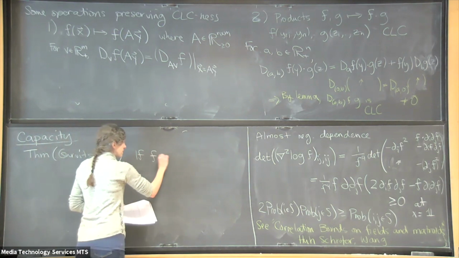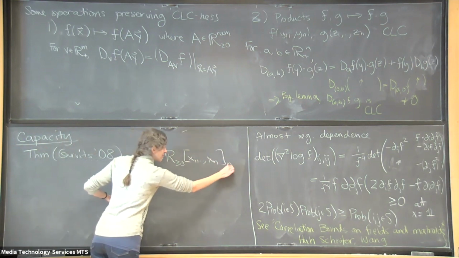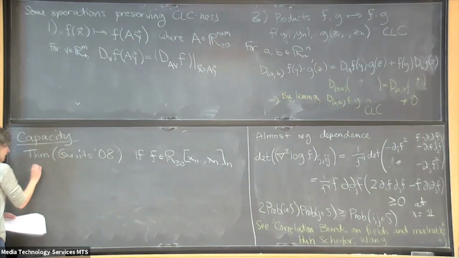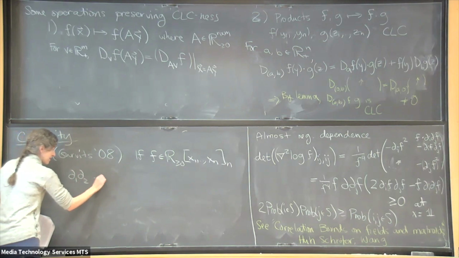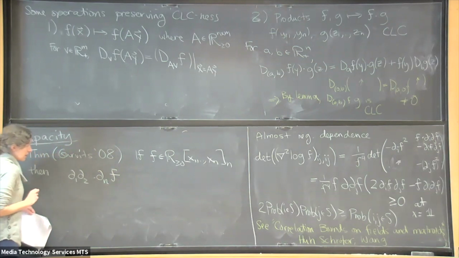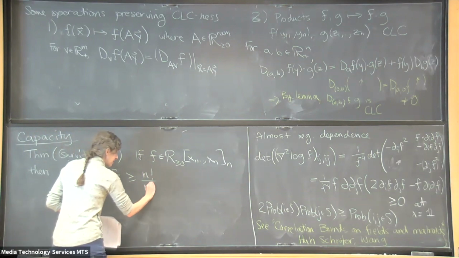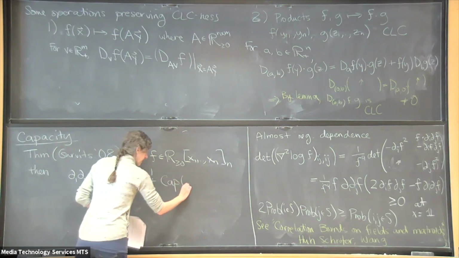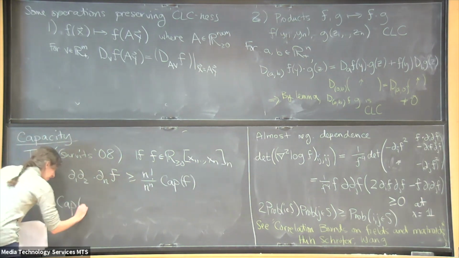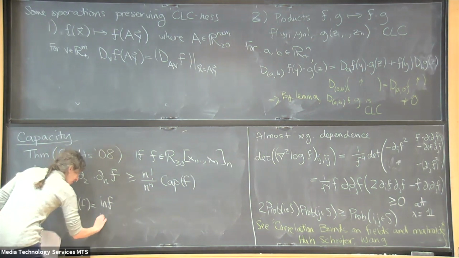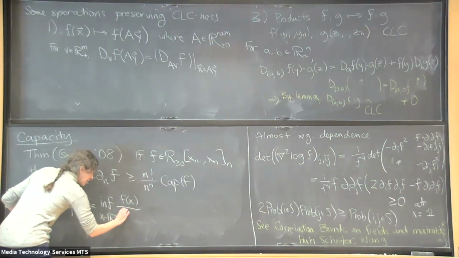In particular, if you have a homogeneous polynomial in n variables of degree n with non-negative coefficients, then the completely mixed coefficient can be lower bounded by n factorial over n to the n times the capacity of f, where the capacity of f is defined as the infimum over all points in the positive orthant of f of x divided by the product of all the x_i.